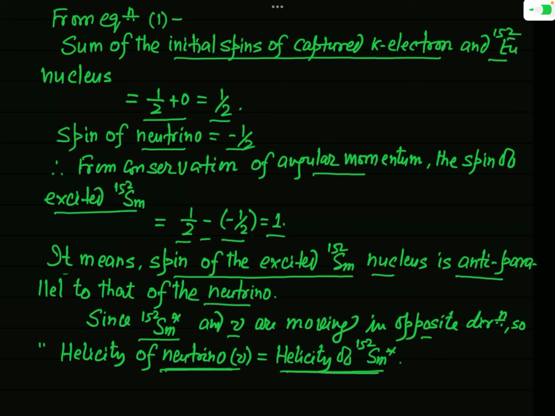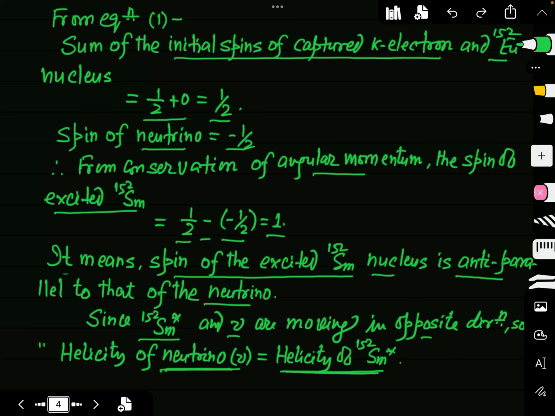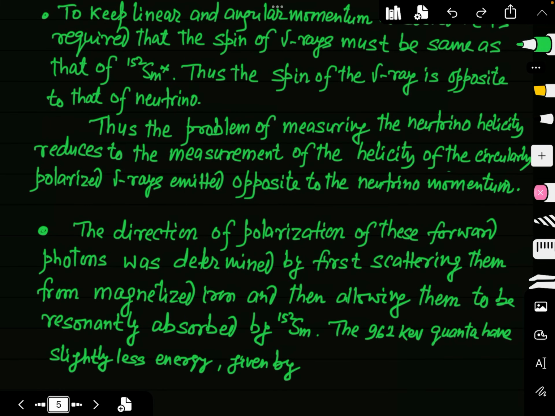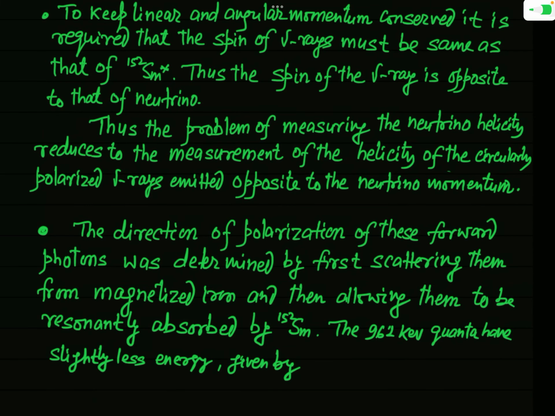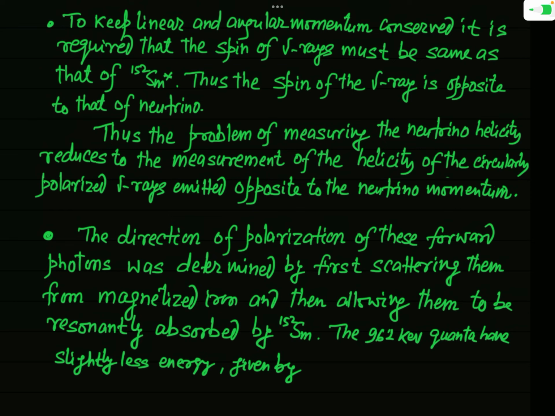We can measure the helicity of this excited Sm nucleus, and that will be equal to the helicity of the neutrino. Our prime aim is to measure the helicity of the neutrino, but for this we can measure the helicity of the excited nucleus.